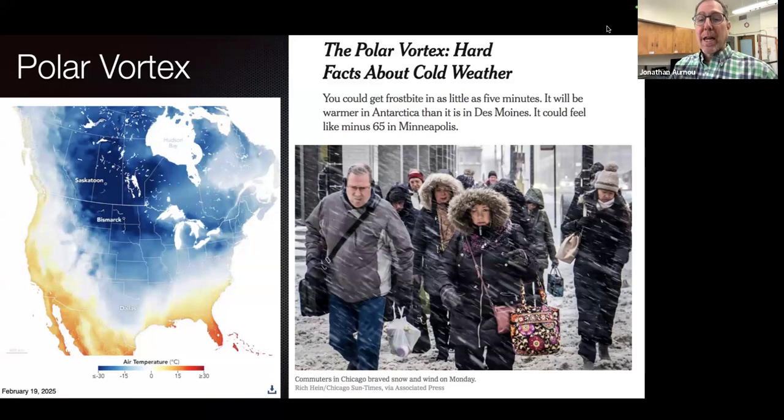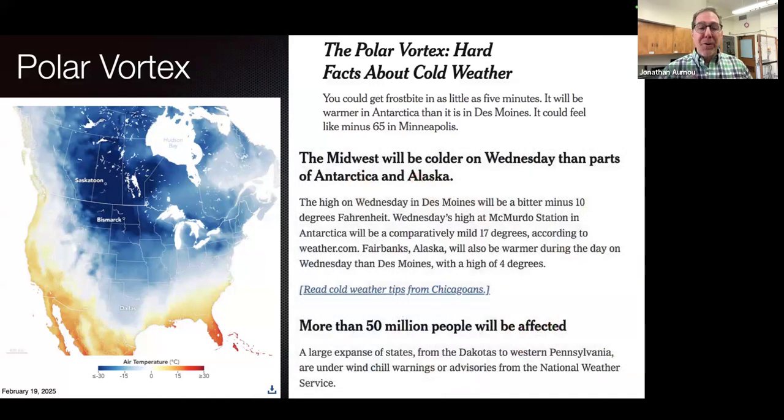In the center of the continent, it just gets cold. You can see here it gets down to as cold as minus 30 degrees C. Really cold. And interestingly, on the same days that it's incredibly cold in Chicago, it tends to be very warm in Alaska.